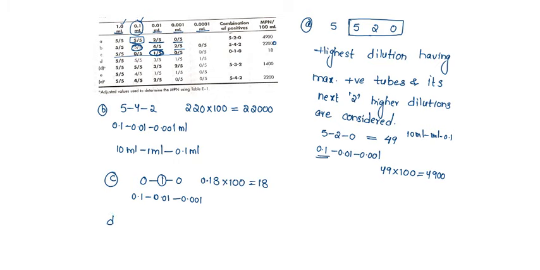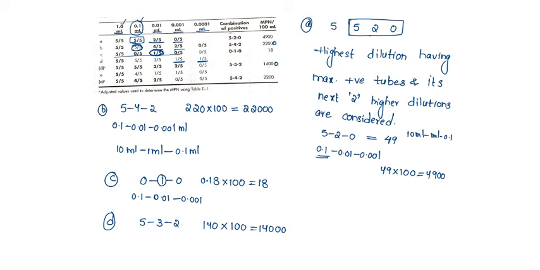Whereas in the D case, we need to take the sum of the last two 1 and 1, and we need to consider 5, 3, 2 as the positive samples, and corresponding to which the MPN value is 140. It should be multiplied with 100 to obtain our actual value, that is 14000.